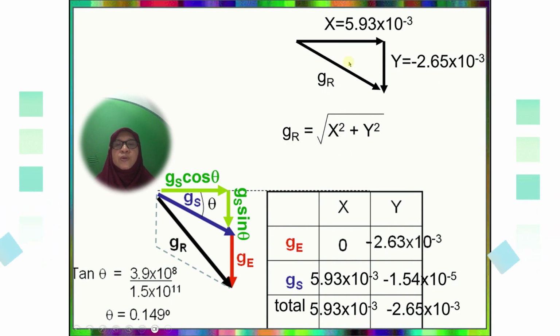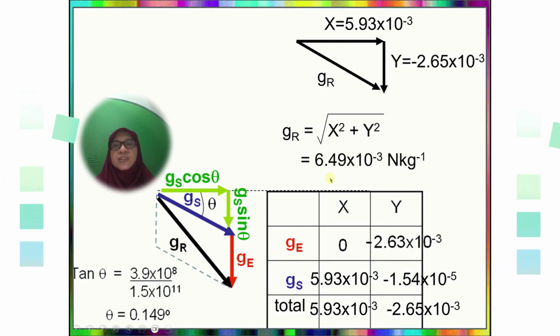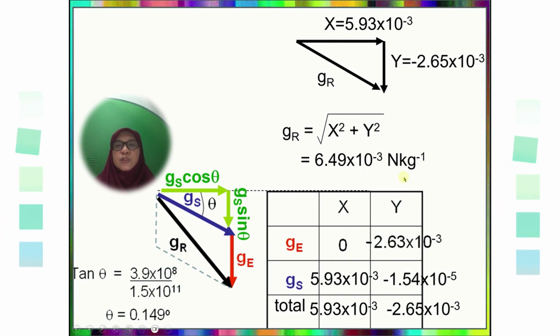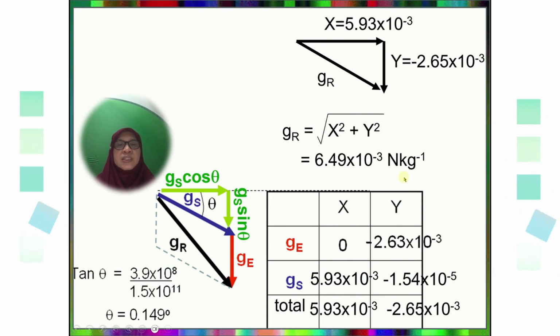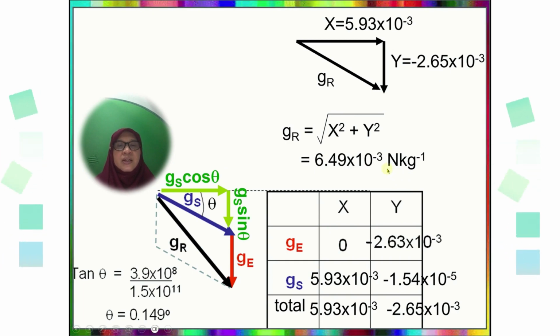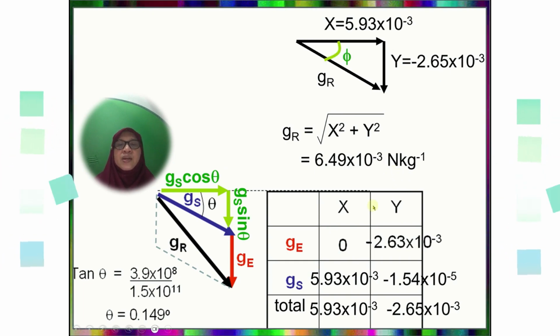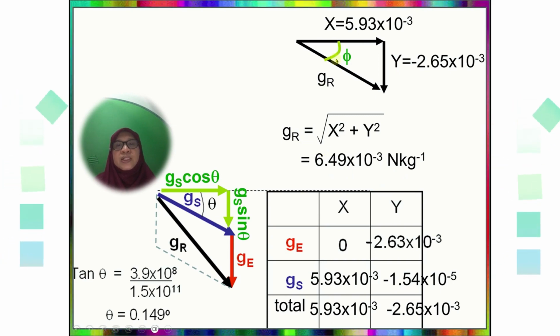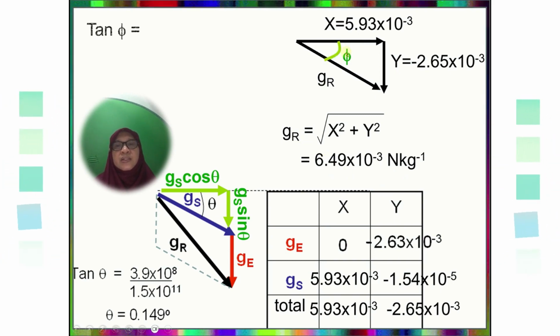So the square root of x squared plus y squared gives 6.49 times 10 to the power of negative 3 newton per kilogram. This is the resultant gravitational field measured on the moon. For the direction, you can use a trigonometric ratio.